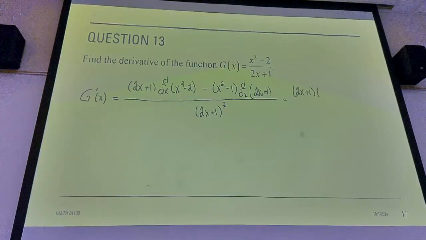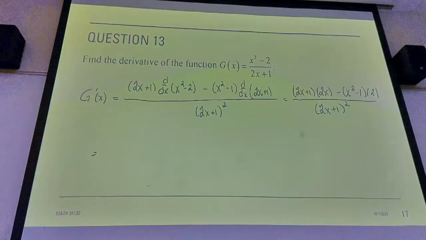What is that derivative? That was your calculus step.